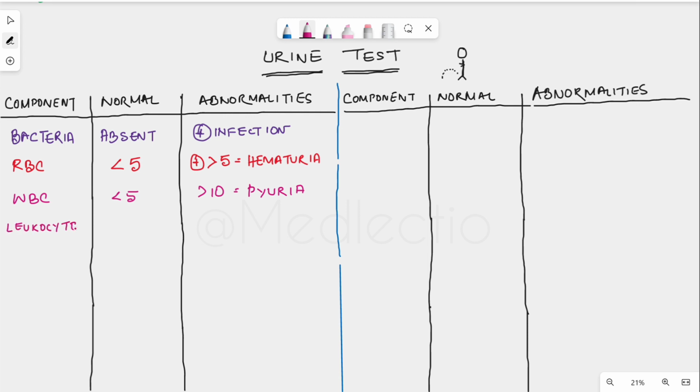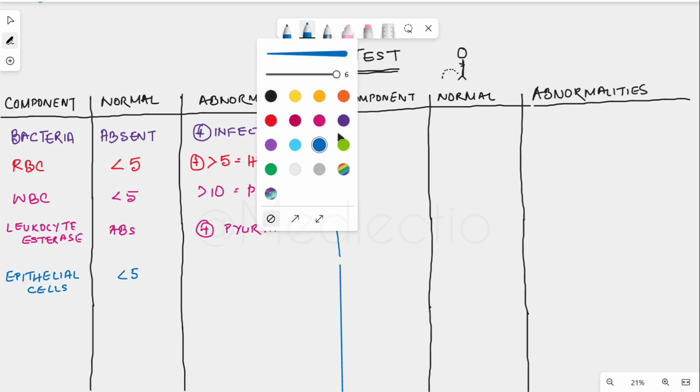Then leukocyte esterase is normally absent, but if it is positive, again we suspect UTI, pyuria. So if bacteria are present, WBC is more than 10, and leukocyte esterase is present, we suspect pyuria and UTI. UTI can also be cystitis. Epithelial cells are normally less than 5. If it is less than 5, your urine is fine. There is no problem.